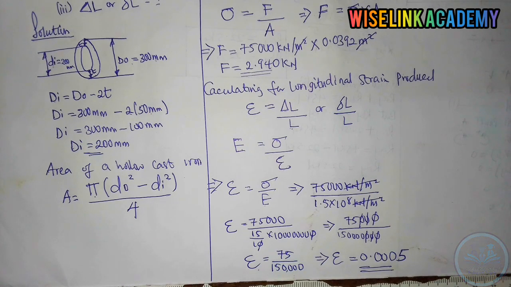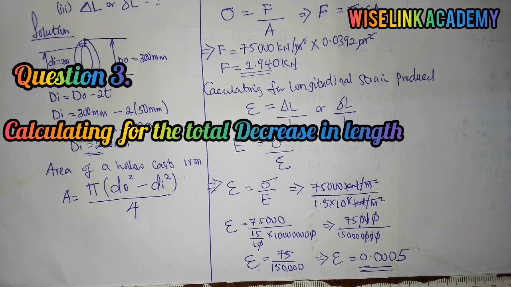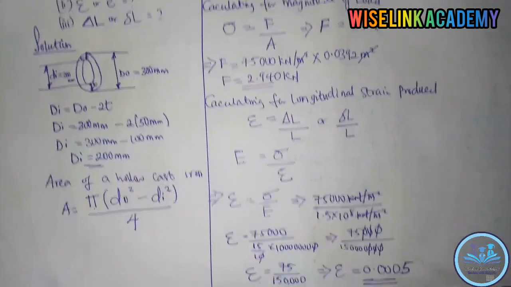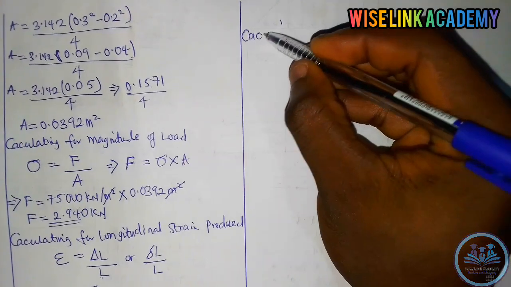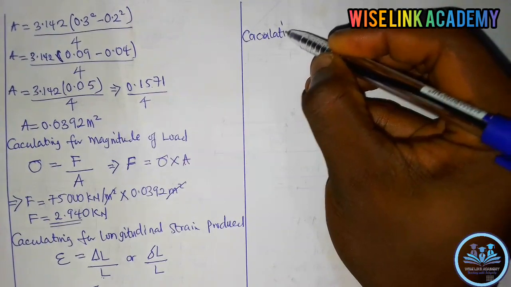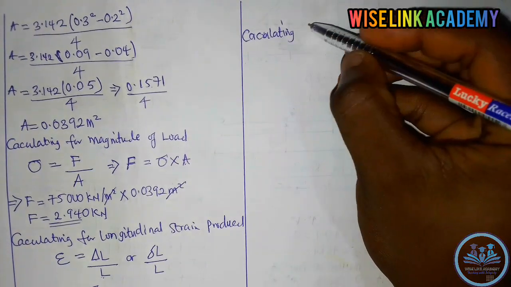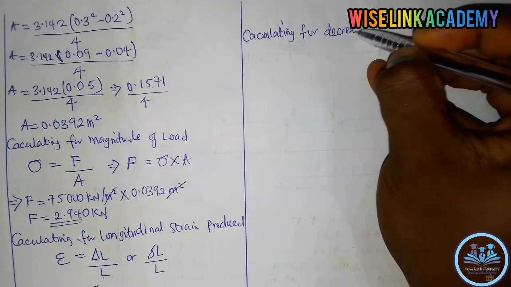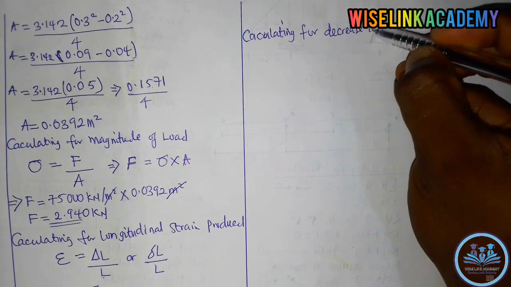And lastly, I want to calculate for our total decrease in length, or we call it delta L, the change in length. So let's proceed. Calculating for decrease in length.